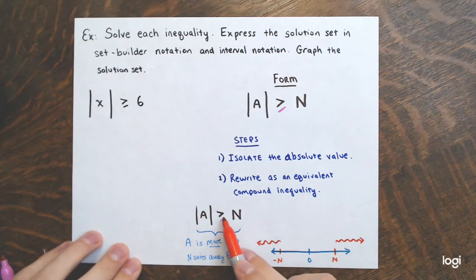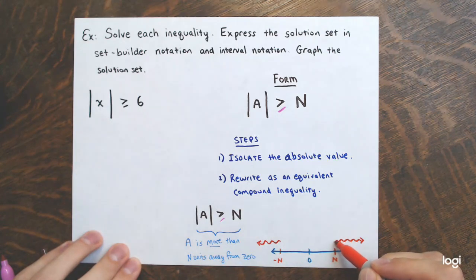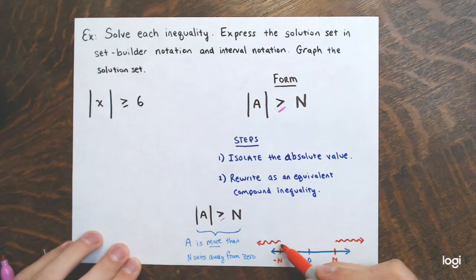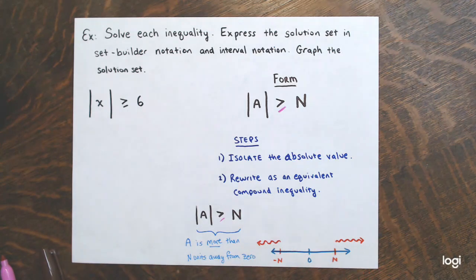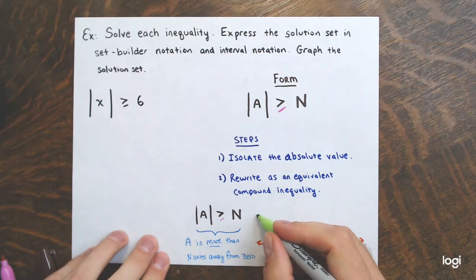Now, if I have greater than, I'll put an open point here, but I'm not worried about what happens at n and negative n yet. I just want to know that we're writing an equivalent statement. All right, we'll use a little double arrow here.